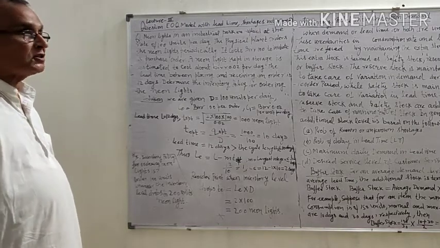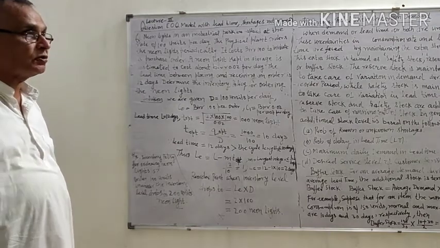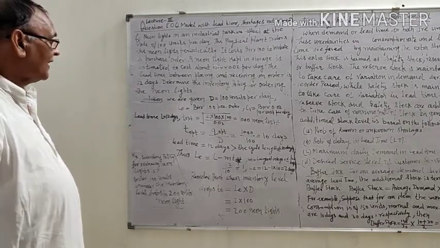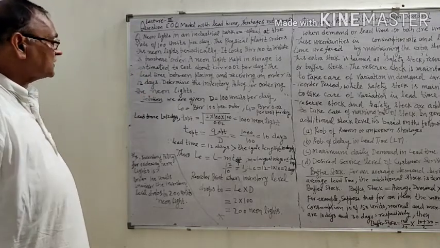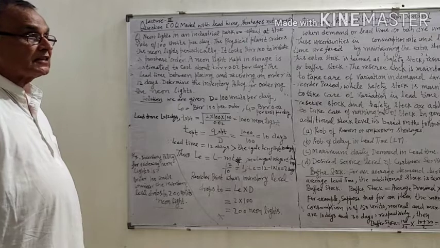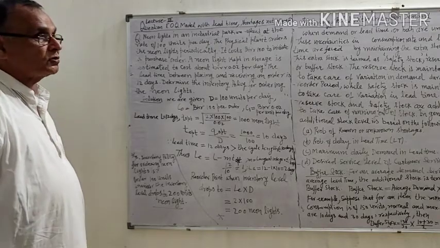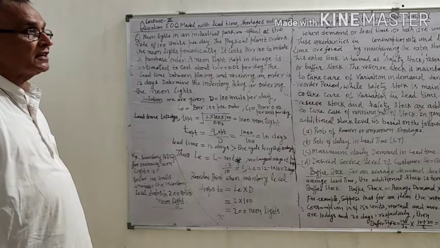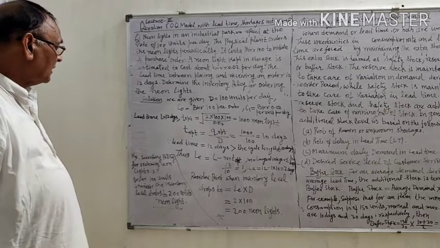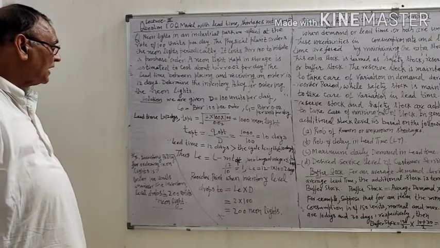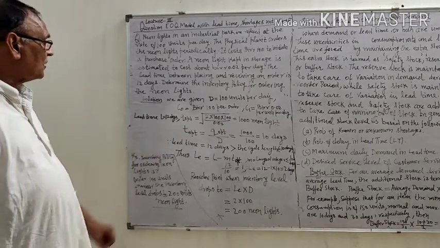Inventory policy means we have to find the inventory level at which we have to place an order. If the lead time exceeds the cycle time, then, as I explained in my second lecture, we have to define the effective lead time LE, which is given by this formula.